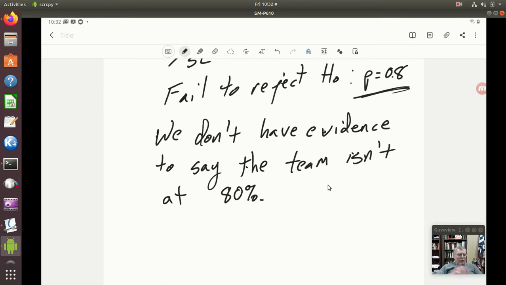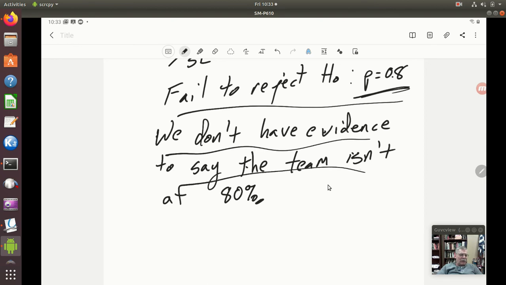That's a pretty big chance. And so although if I'm the coach, I still want to work on free throws and all that, statistically, I can't say the team's not at our goal. I will need more data to know whether or not the team truly is at our goal. Because we failed to reject H0, we don't have evidence to go with the alternative.